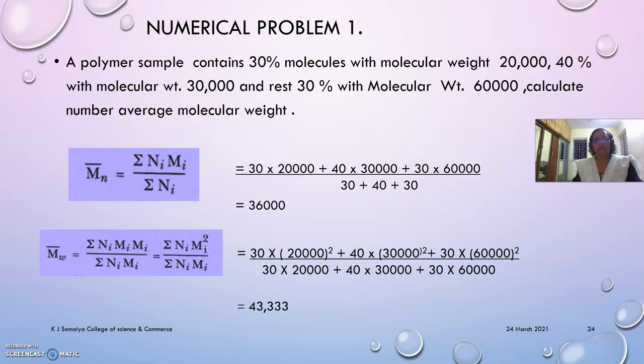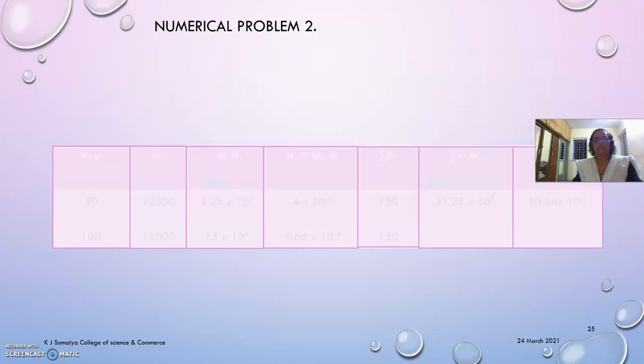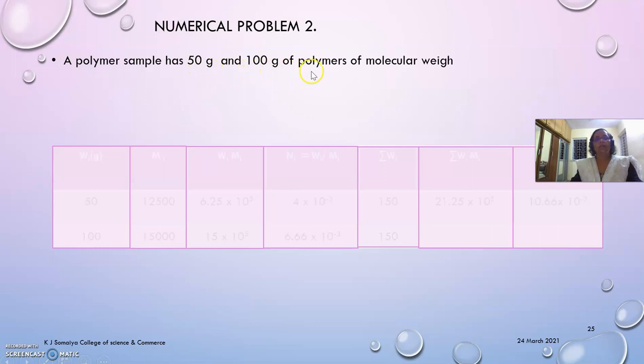We'll take one more example to illustrate this. So, second numerical. This one states that a polymer sample has 50 grams and 100 grams of polymers of molecular weight 12,500 and 15,000 respectively.